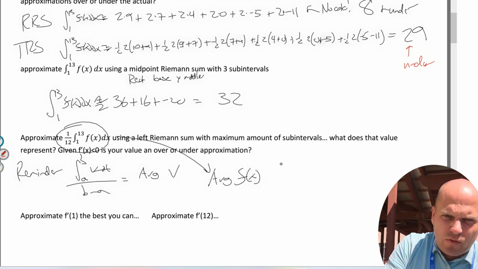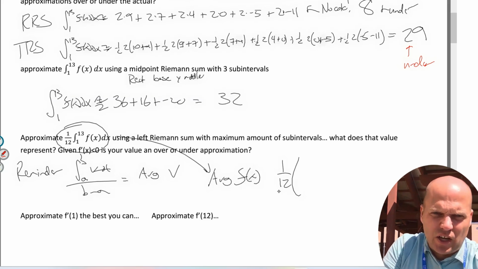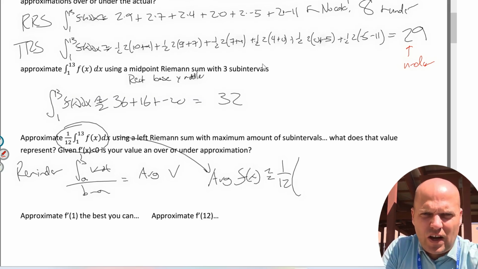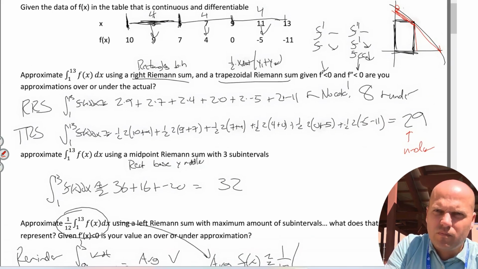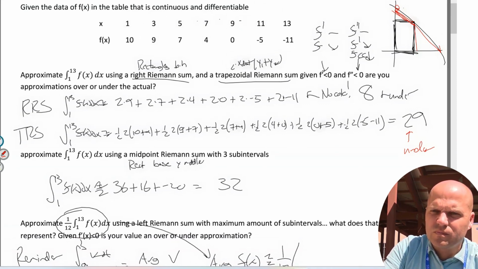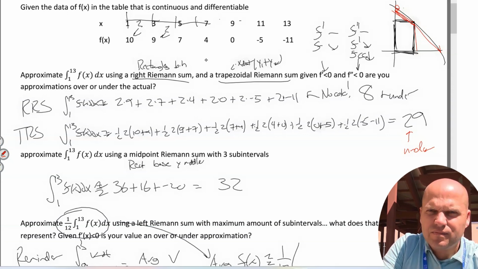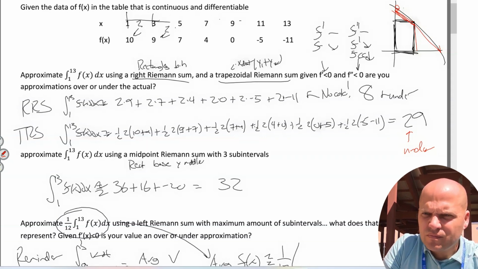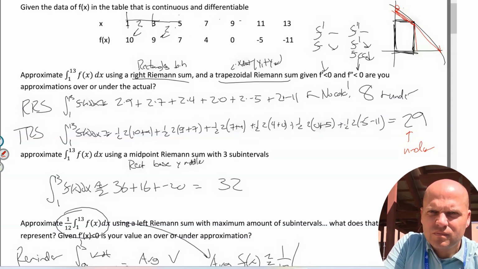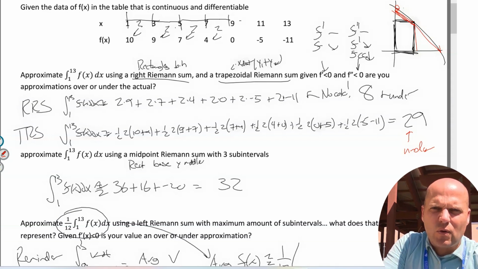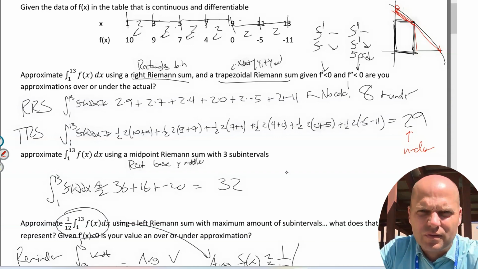We need this 1/12th, and then we need the left Riemann sum. So let's find the left Riemann sum. Two by 10, 2 by 9, 2 by 7, 2 by 4, 2 by 0, 2 by -5.